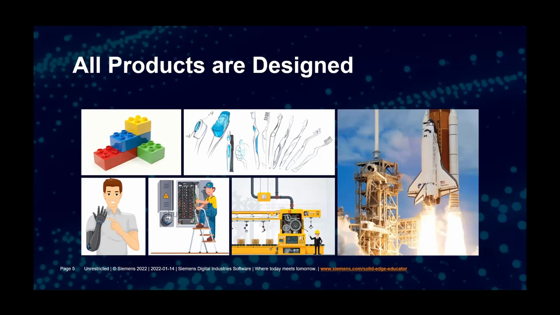And it's not just limited to mechanical products, you have electrical products as well, that require schematics. And designing is important for industrial products as well. So they can figure out, for example, the layout of the plant or how to optimize the manufacturing process for a product or something like that. So design is very important and is used for every single product, if not all.